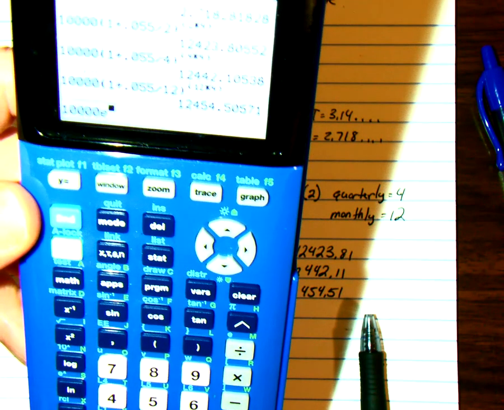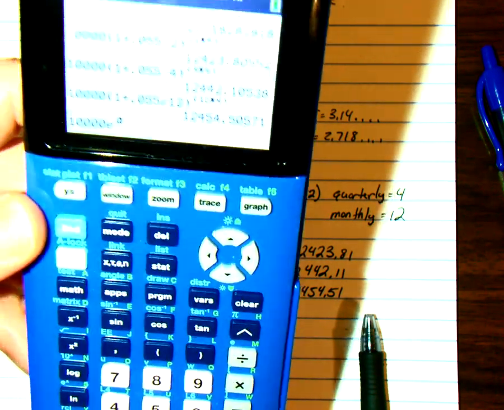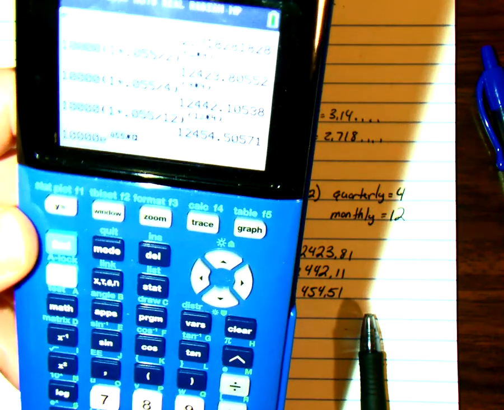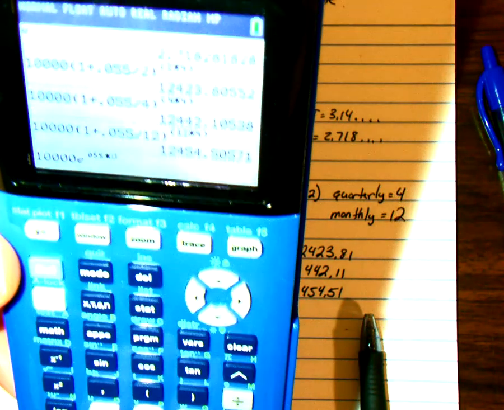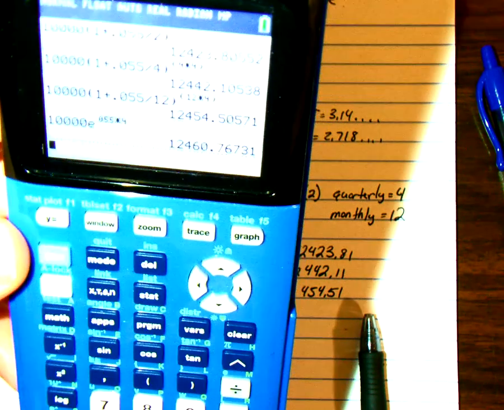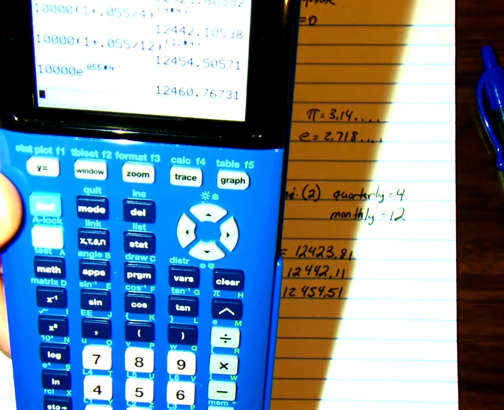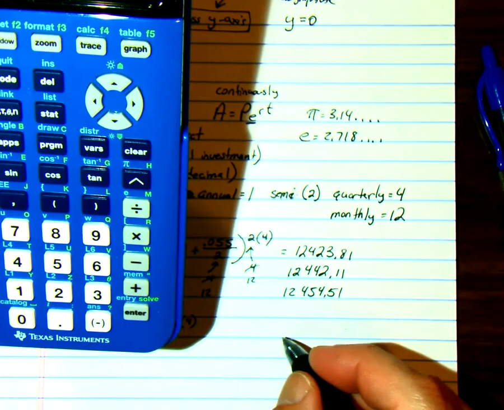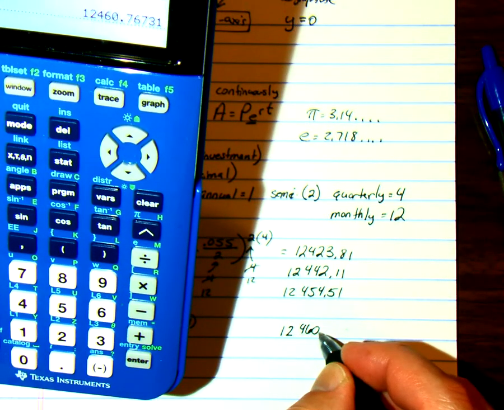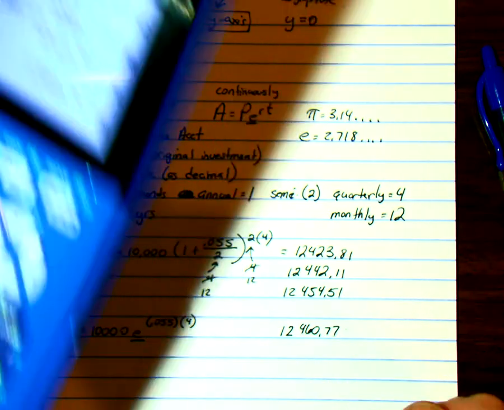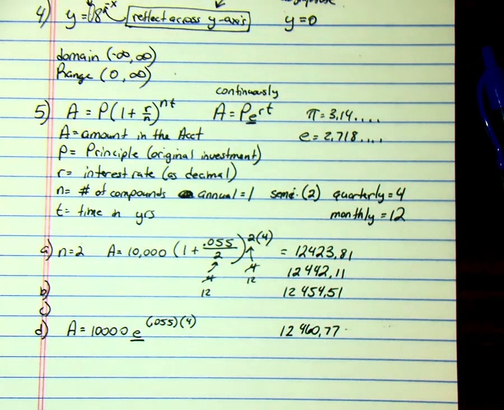That's going to be e to the, and we're taking 0.055 times 4. And again, the power of compounding interest: just by changing to something that compounded continuously, now it's 12,460.77. So the more times we can compound something, the more money we are going to make.